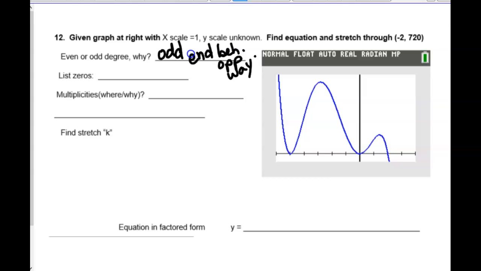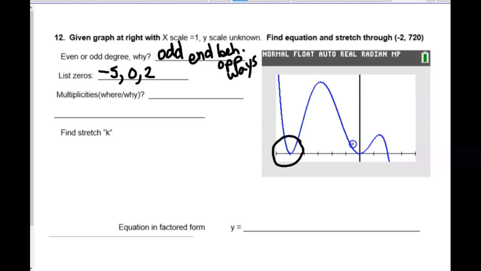But it is odd because the end behaviors are going opposite ways. Okay, list the zeros for me. Negative 5, 0, and positive 2. Any multiplicities? How many of you still have trouble with what a bounce is? Do you see that the graph comes down, touches, and bounces back off? How do you know what the multiplicity is? It's 2. Always? Yes.